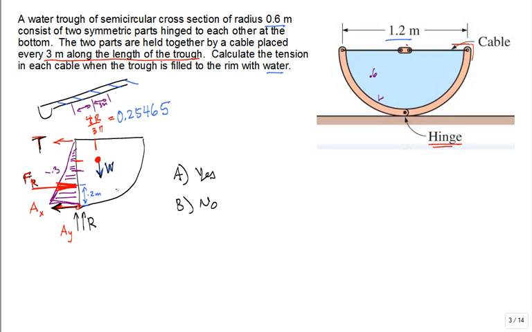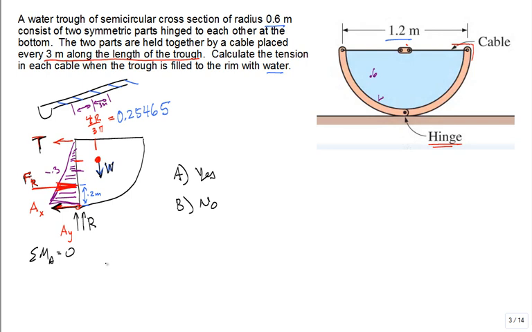Now, I go ahead and I want to calculate magnitudes of F of R and W, because I don't really need to consider R, A sub X, and A sub Y. If my goal is to calculate T, for this free body diagram, I'd employ the sum of the moments around point A. And the sum of the moments about point A must be equal to 0.